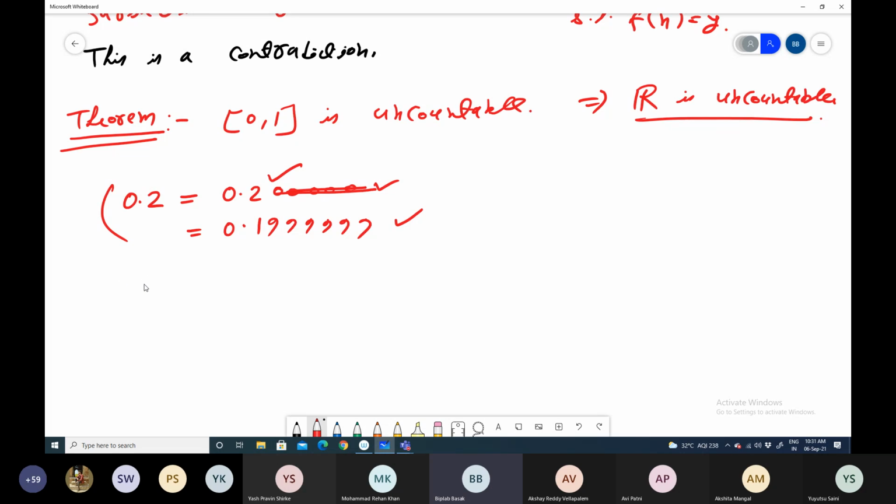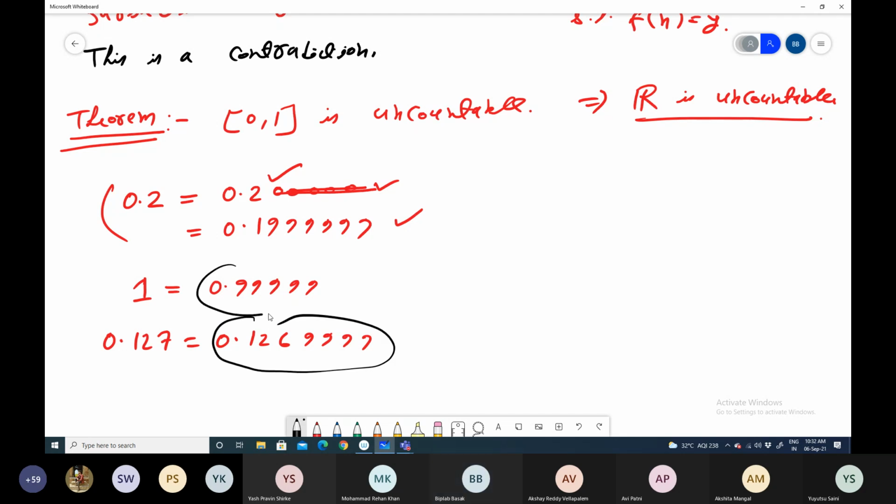Similarly, 1 you can write as 0.99999, and 0.127 you can write as 0.126999. So each terminating term you can express as a non-terminating term as well. So we will choose this only, and we will not take this. Why? Because we want one unique decimal representation.